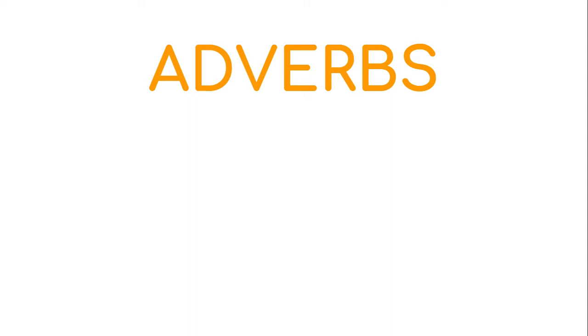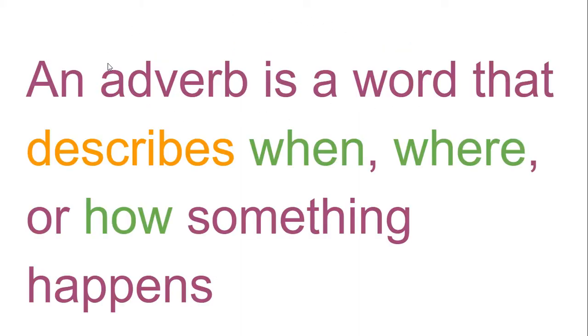Today we are going to connect two topics that we have seen. First, do you remember this topic? Adverbs. An adverb is a word that describes when, where, or how something happens.